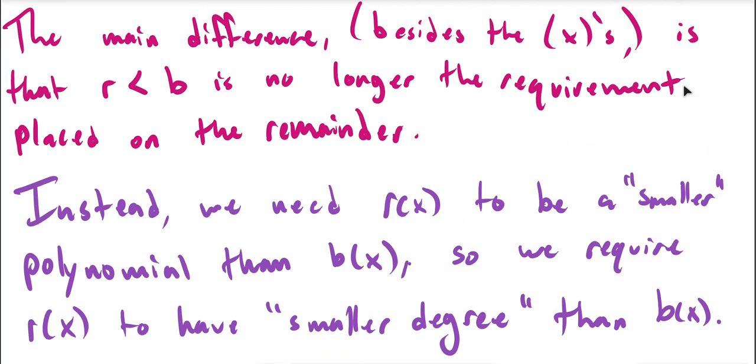Now, as we mentioned, the main difference, besides all these parentheses with x's in them, is that the r less than b condition, the remainder being less than the divisor, doesn't really mean value of a number anymore. Indeed, we need it to be smaller, but it's not going to mean smaller in value. It's going to mean smaller in degree, the value of the highest exponent.